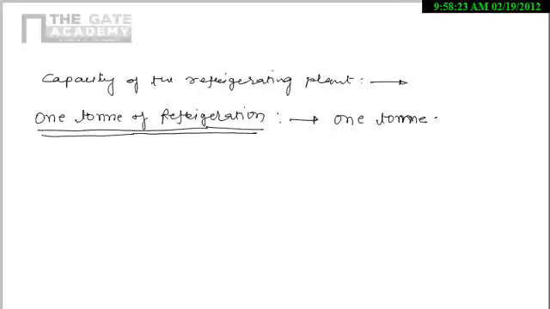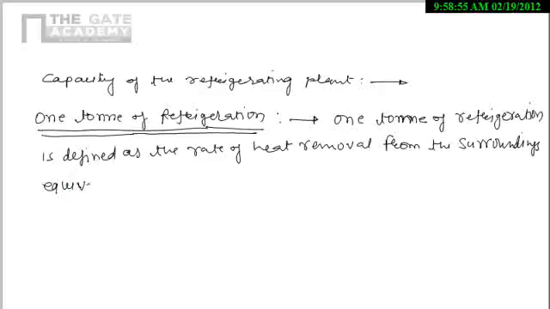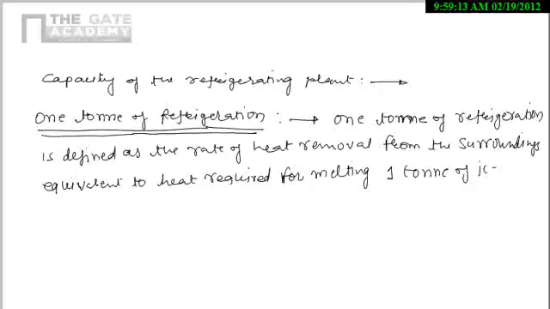1 ton of refrigeration is defined as the rate of heat removal from the surrounding equivalent to the heat required for melting 1 ton of ice in 1 day.